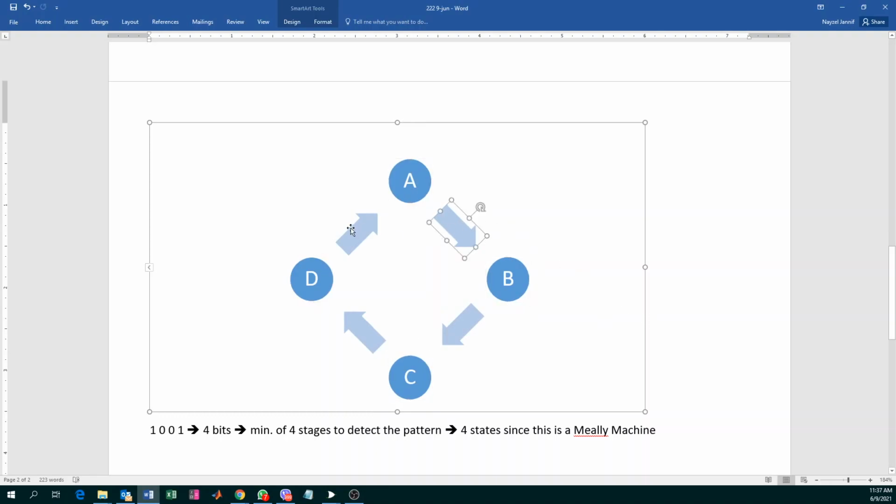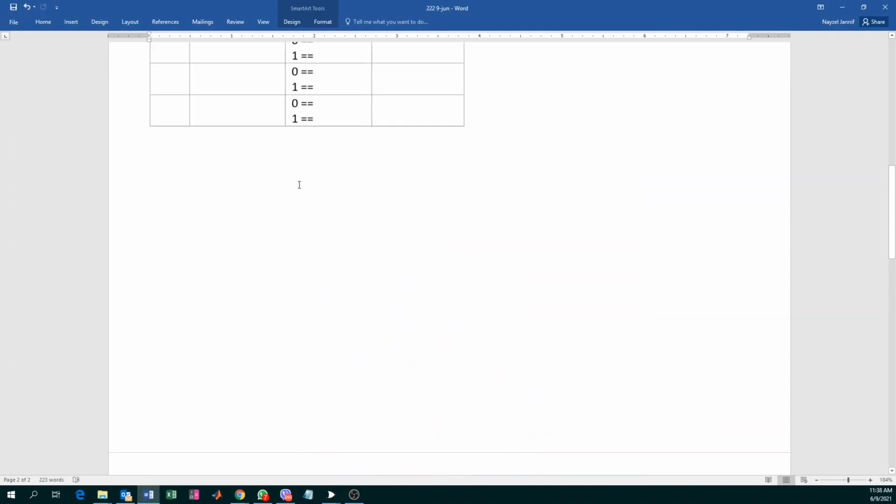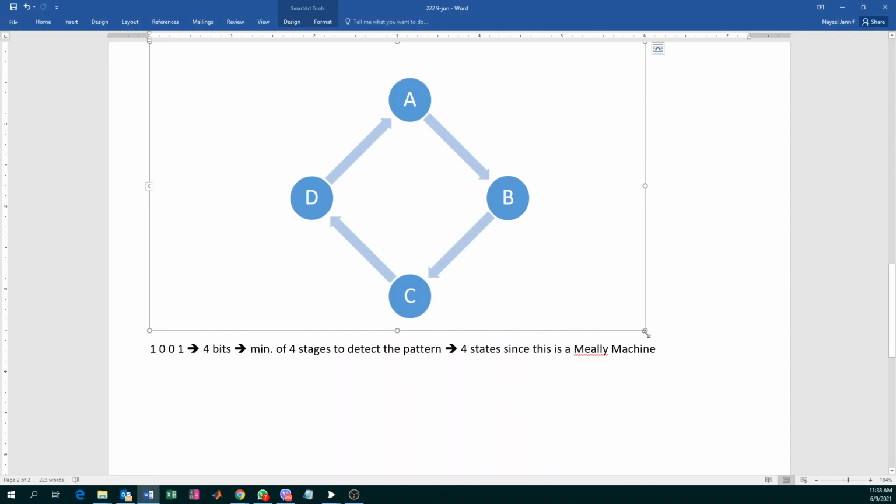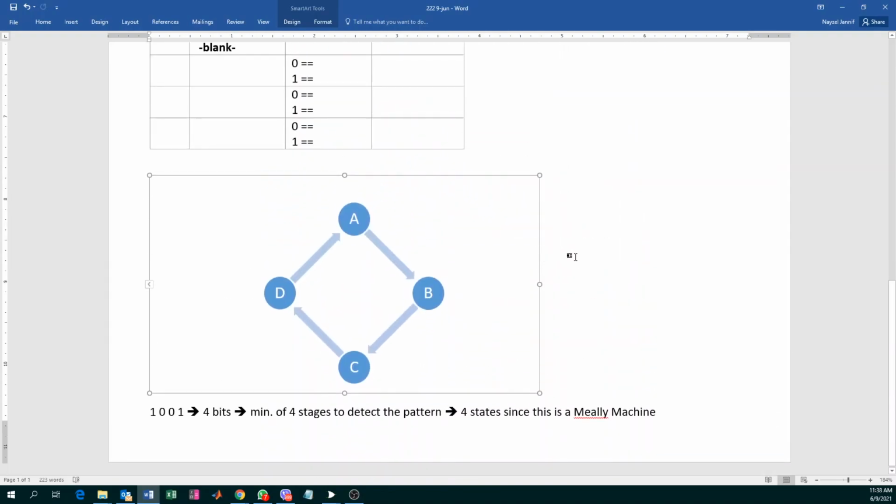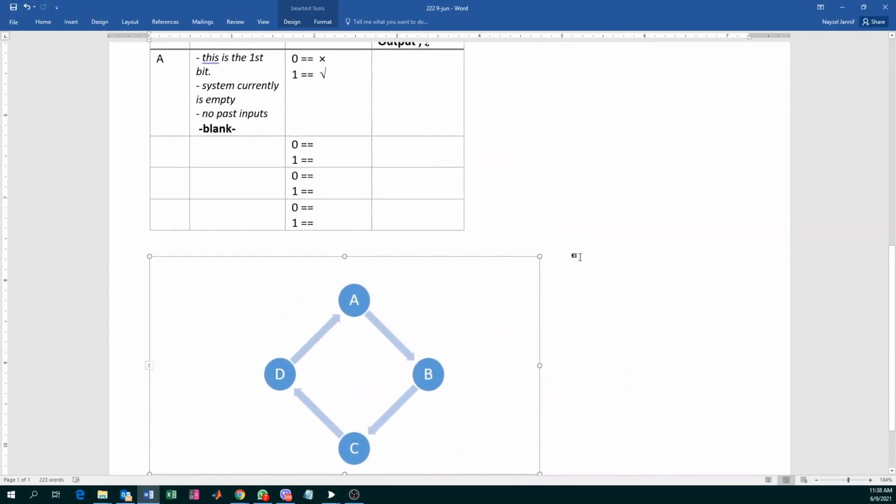Okay, I'm just neatening things up slightly. So this is our state diagram, guys. Don't worry about the arrows; they are not totally correct yet. So where were we?